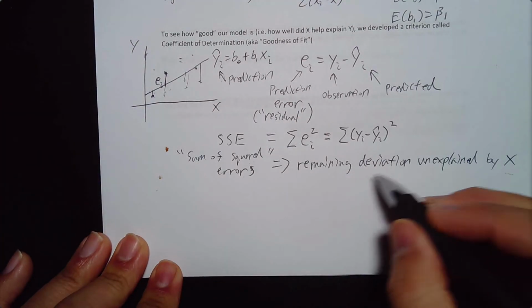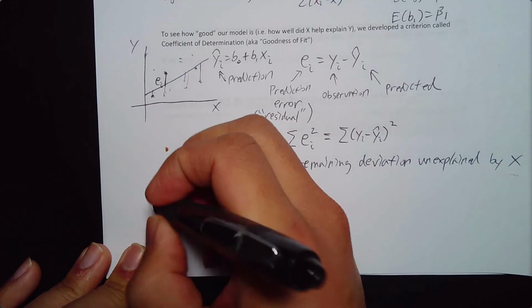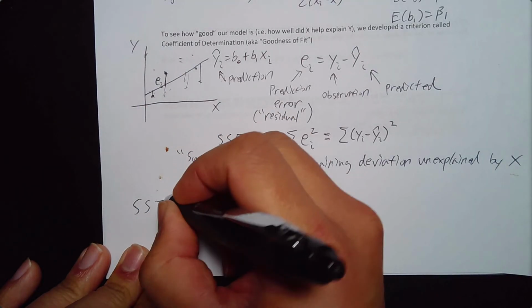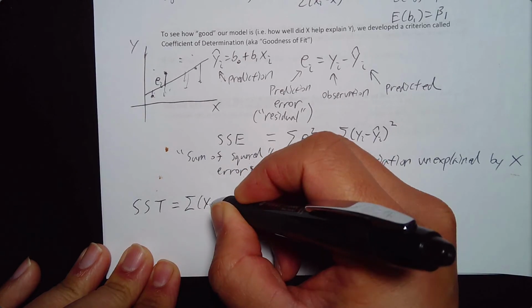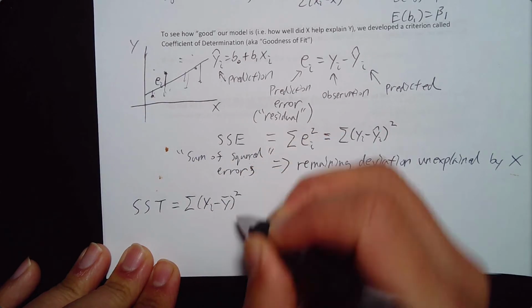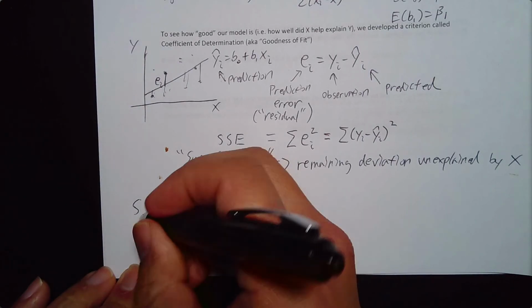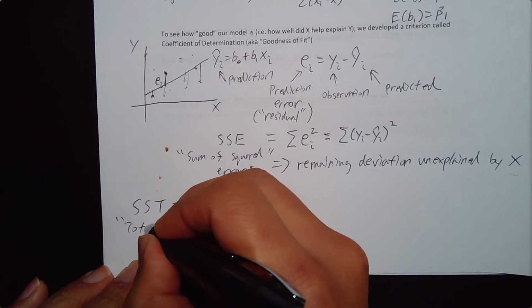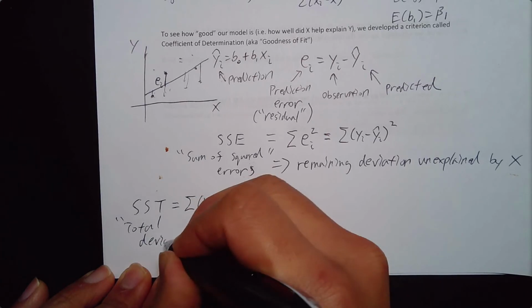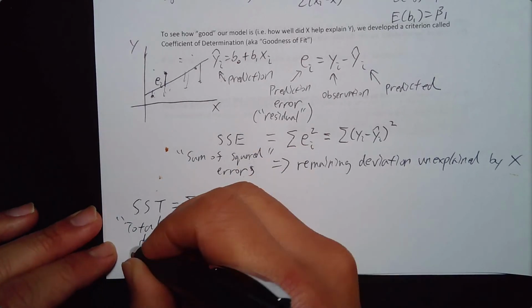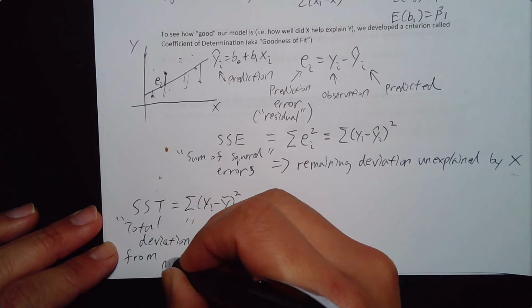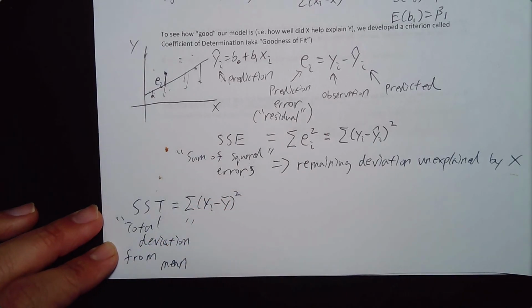Now, what are these deviations? They come from the SST. So SST is the sum of yi minus y bar squared. Remember, this is our benchmark. This SST represents the total deviation from the mean.